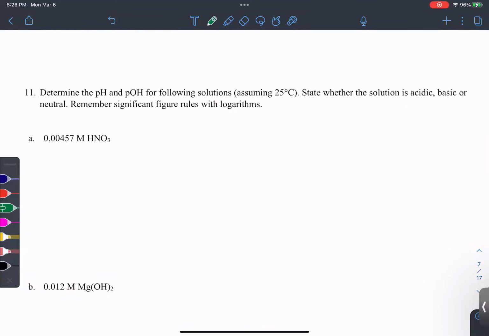All right, so pH calculations. We're doing a lot of them. pH equals negative log of the H+ concentration. pOH is negative log of the OH minus concentration. So what's special about these two substances?